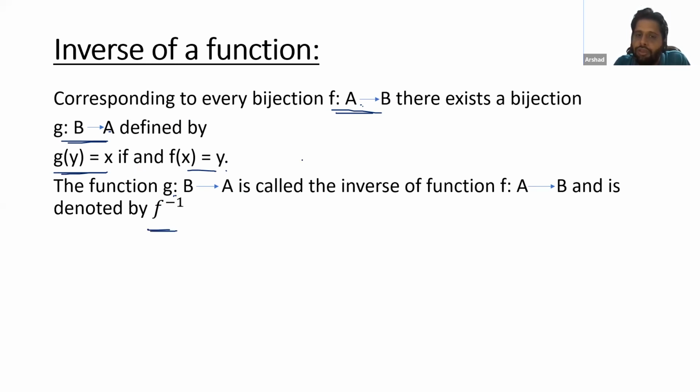If you understood this line only, then this is enough for me.